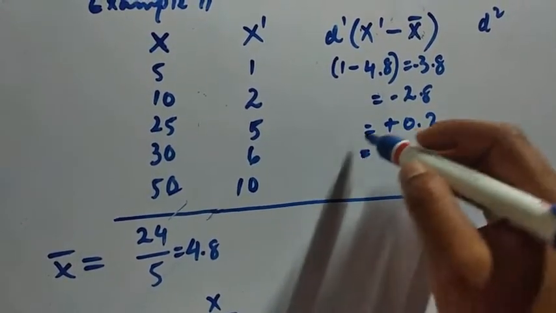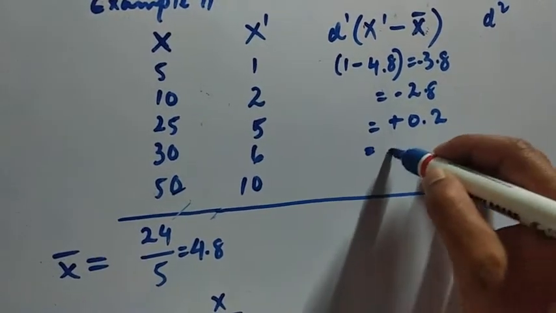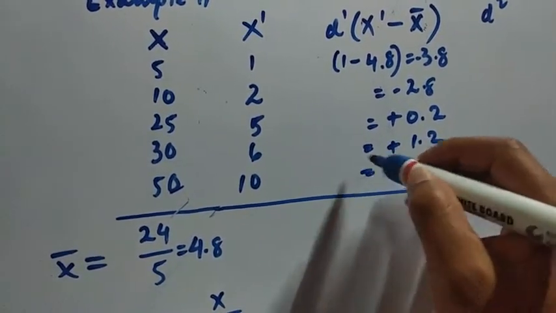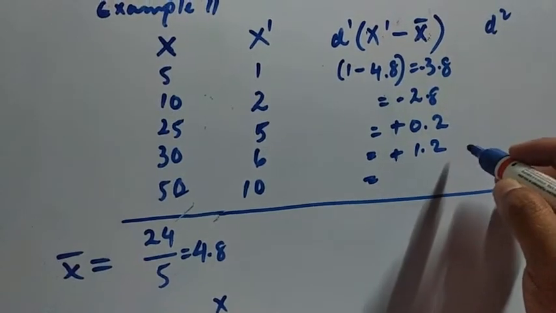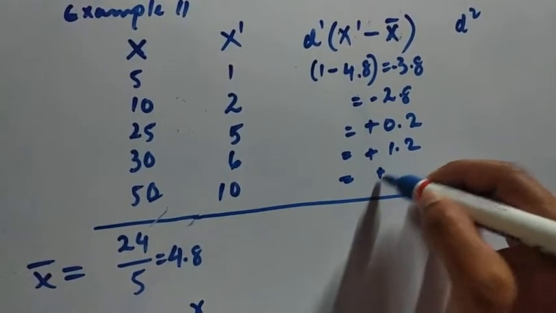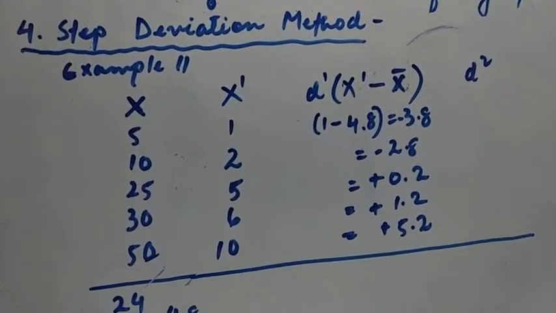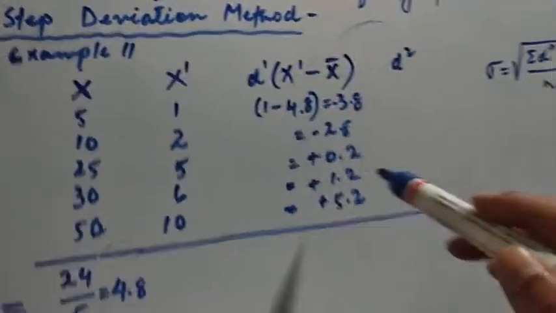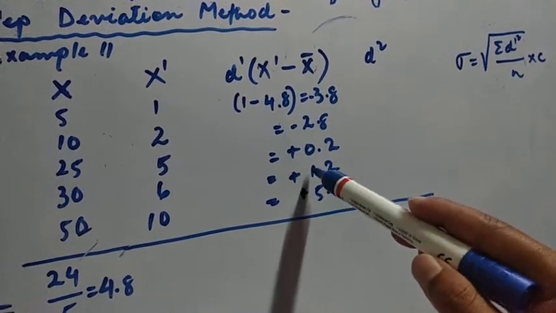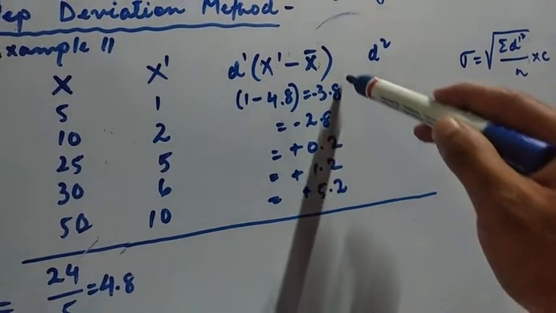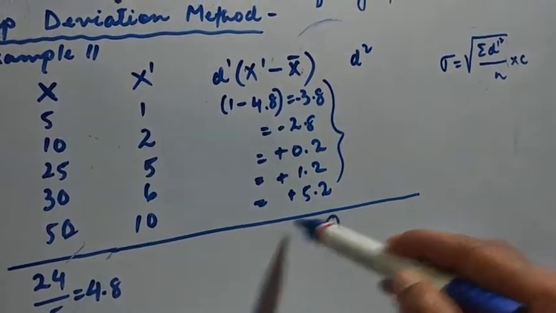And again 6 minus 4.8 would be plus 1.2. And 10 minus 4.8 would be plus 5.2. So now you can find summation d dash, and you will find that summation d dash will be 0.